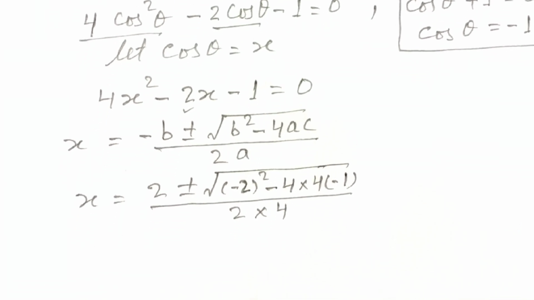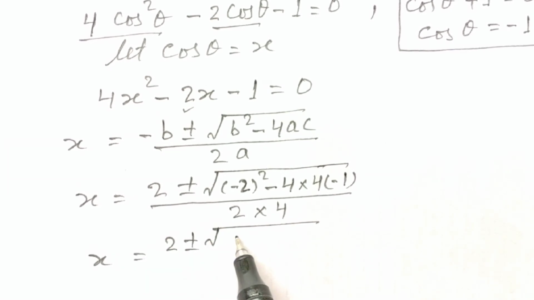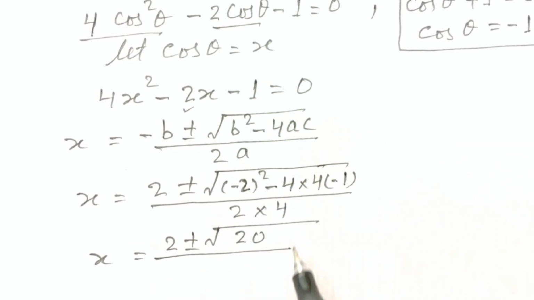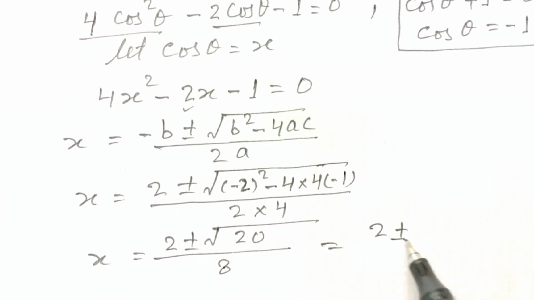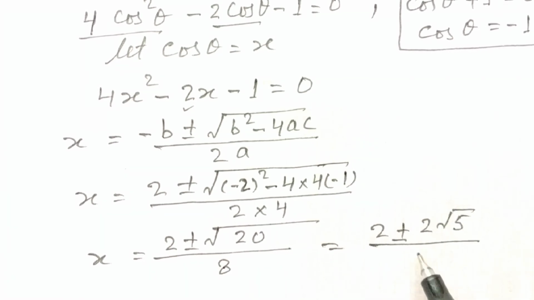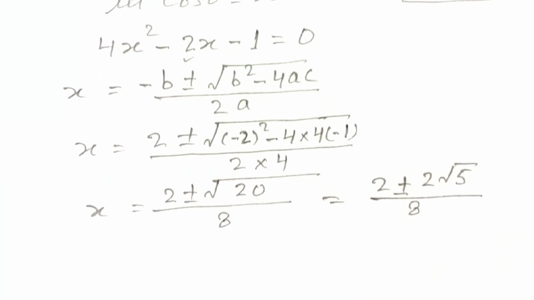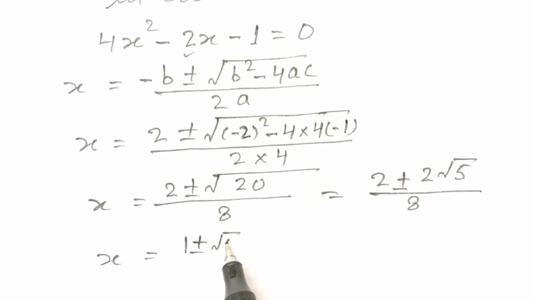Right. So x will be equal to 2 plus minus square root of 20 over 8. Right. So this will be equal to 2 plus minus 2 square root of 5 over 8. Fine. So x will be equal to 1 plus minus square root of 5 over 4.